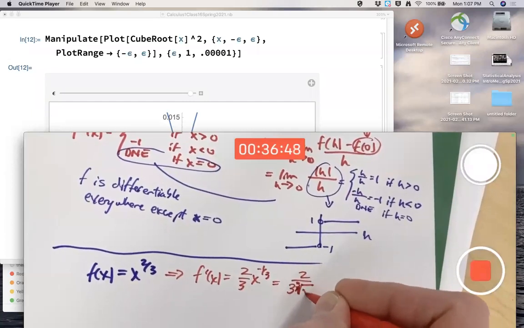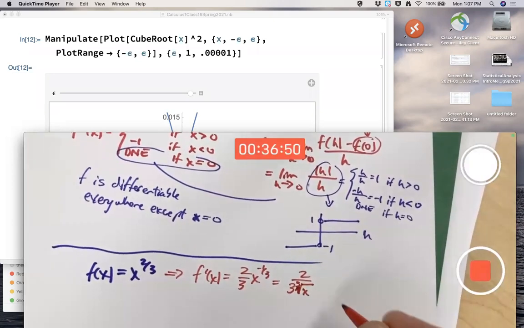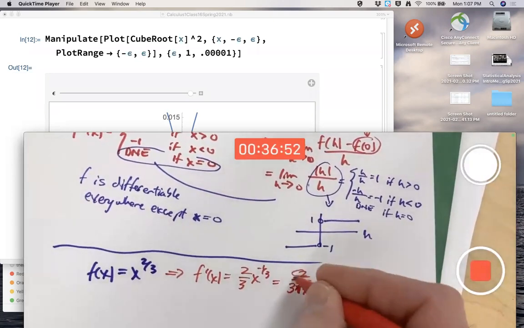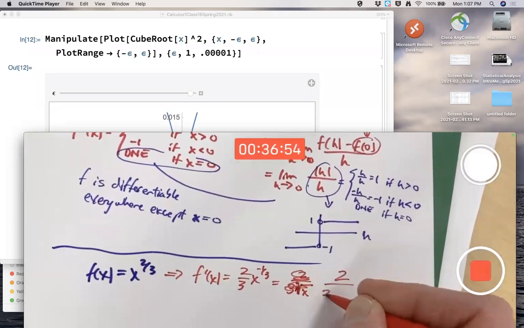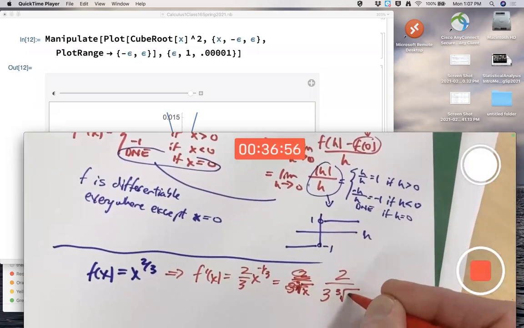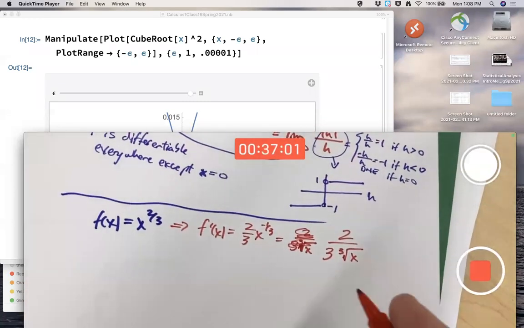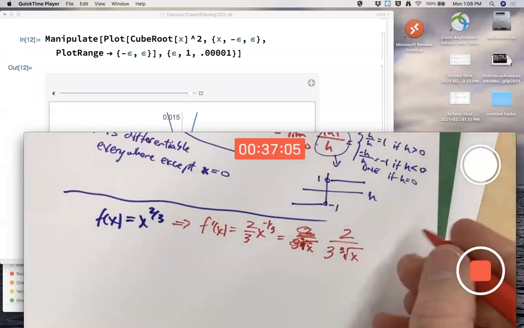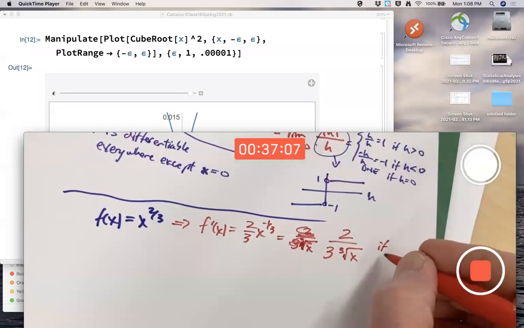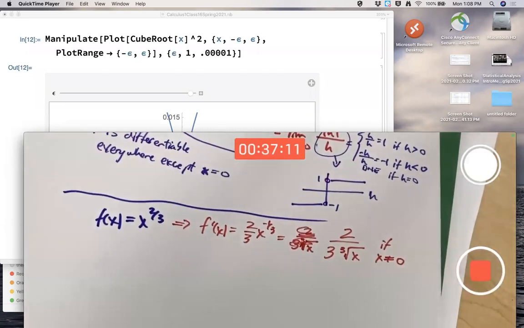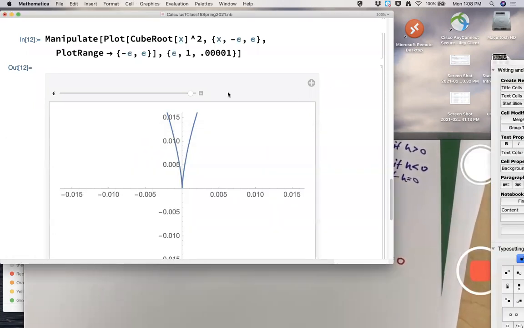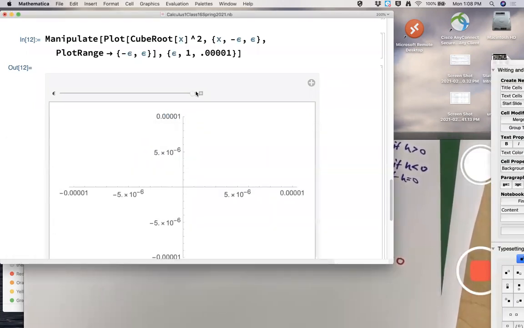That's defined everywhere except 0. So this is true as long as x is non-zero. Not surprising when you look at the graph. This function fails to be differentiable at 0.